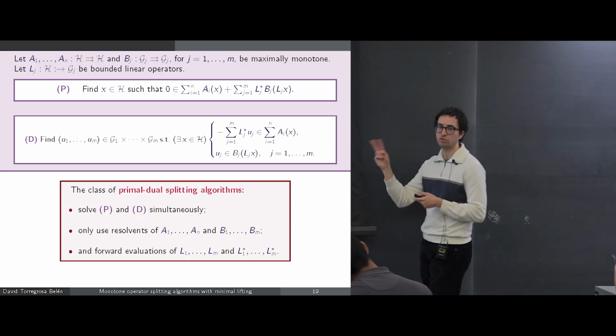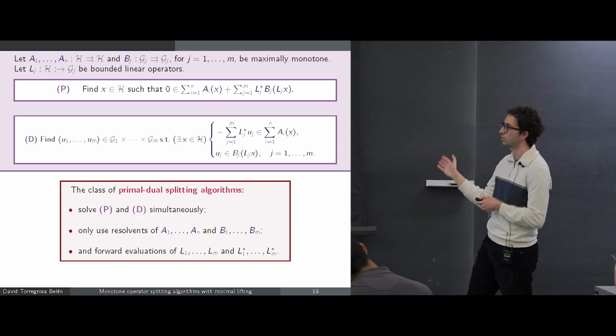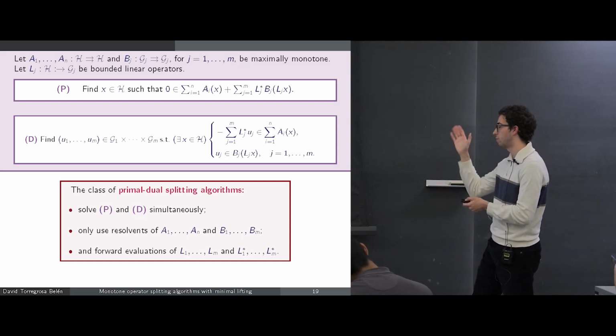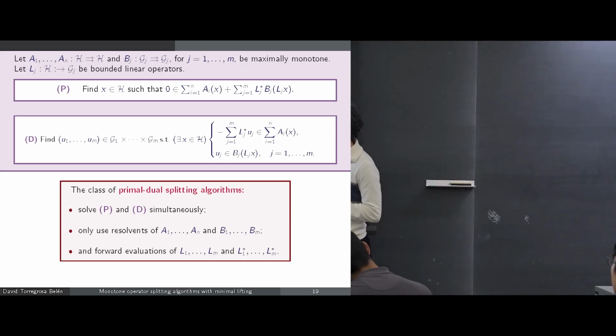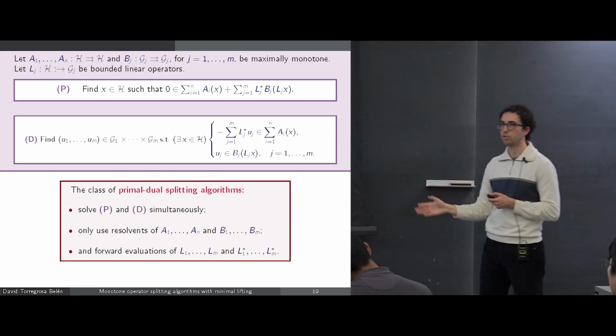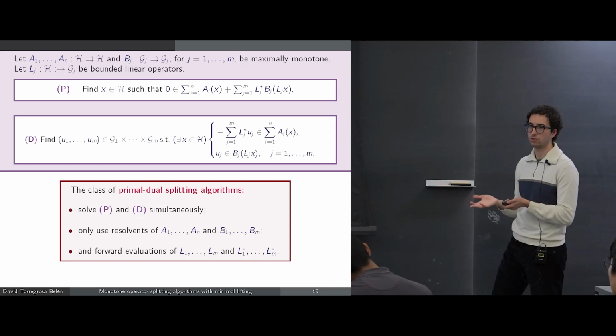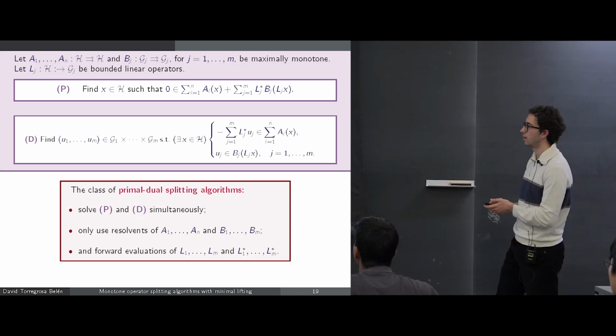So you need two sequences: the sequence of primal solutions and the sequence of dual variables. Then you want to use only the resolvents of the maximally monotone operators, and finally the linear operators should only be evaluated with forward evaluations of them and their adjoints. You don't want, for example, any kind of inverse, because those are difficult to compute and not good in practice.